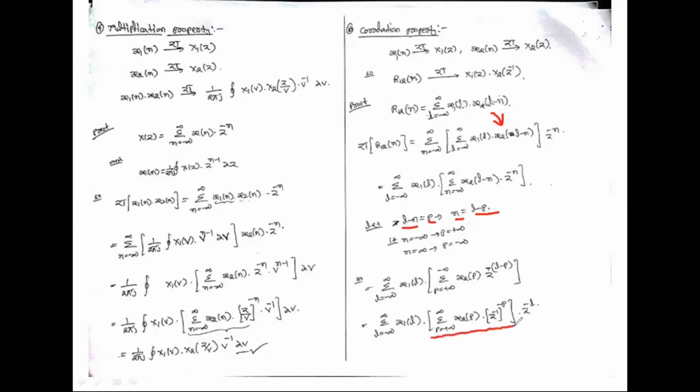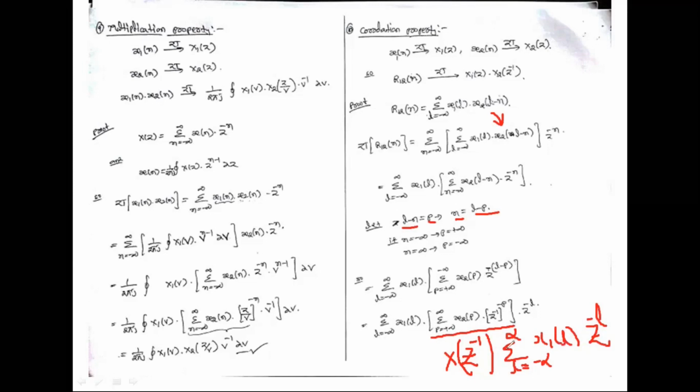Observe, this is the definition of the z transformation with the signal x2, and instead of z there is a z inverse. Write this as X2 of z inverse. And what is the remaining function? The sum over l equal to minus infinity to infinity of x1 of l, z power minus l.